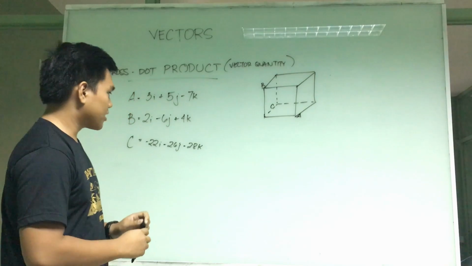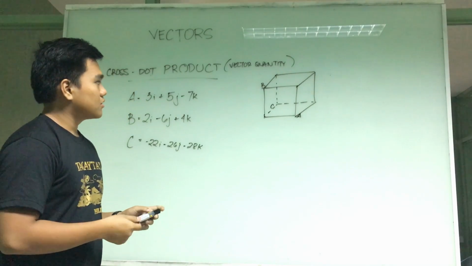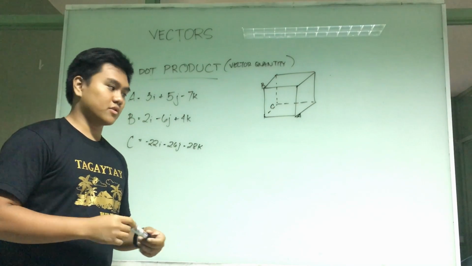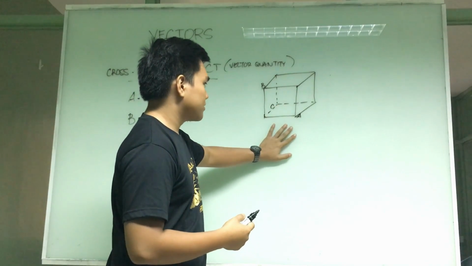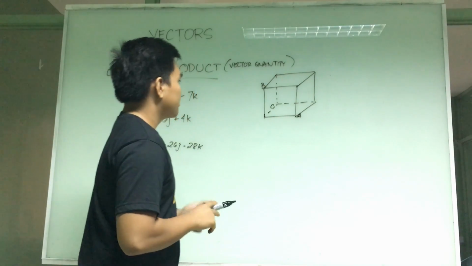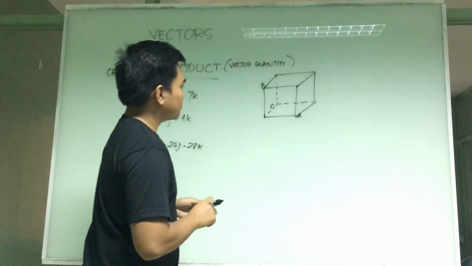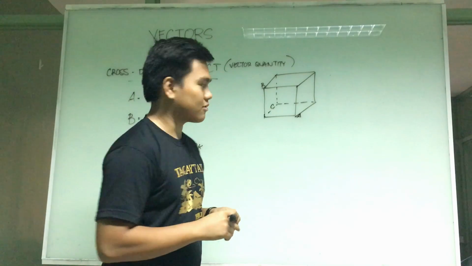So for our last problem, we're going to be talking about the cross dot product. Cross dot products are used to find the volume of a figure of parallelogram nature. For example, we have this cube, or maybe we can say it's a parallelepiped.